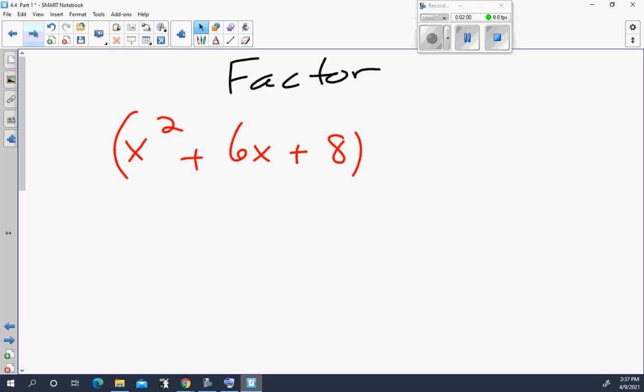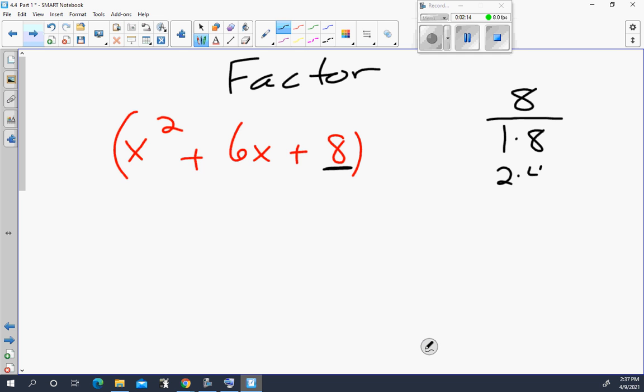A little bit of review. How do I factor out something like this? And this is where we have to find the factors of 8. 1 times 8, 2 times 4, and that's it, right? And then I look, which of these adds up to my middle number, 6? 2 and 4.